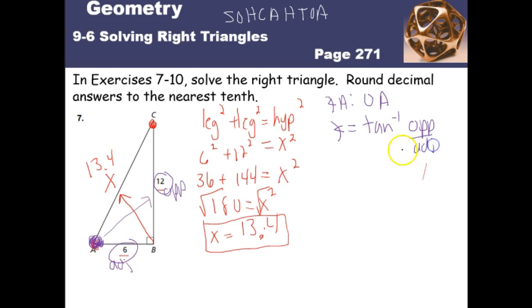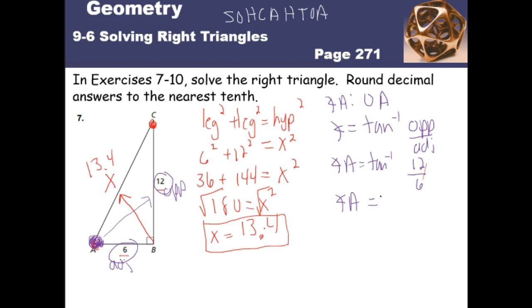So remember, when you're finding an angle, you use the inverse buttons. So my angle, which is angle A, is going to equal the inverse tangent of my opposite, which is 12, and my adjacent, which is 6. So I get angle A equals, now remember, you have to put your calculator in degree mode.